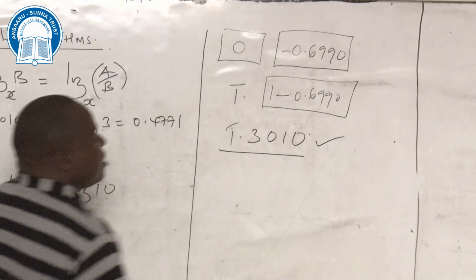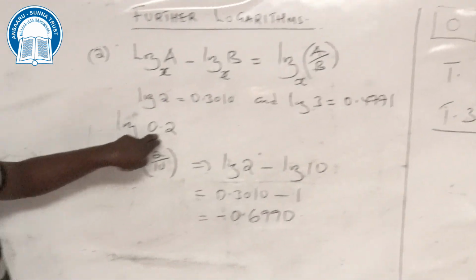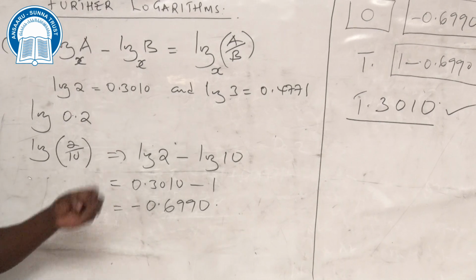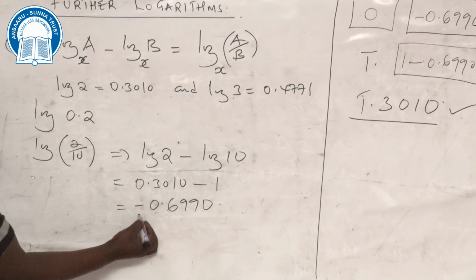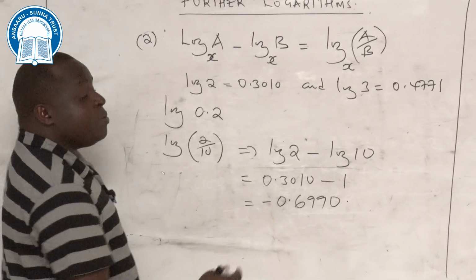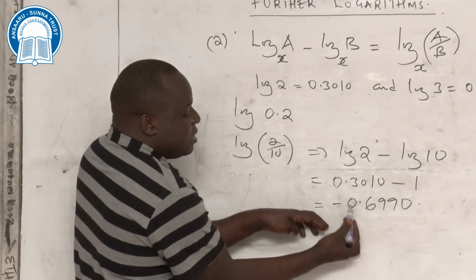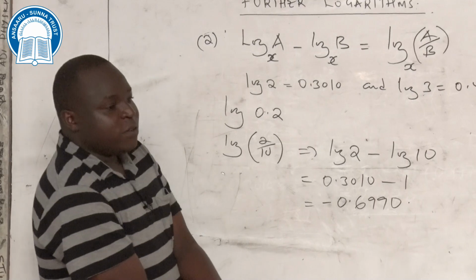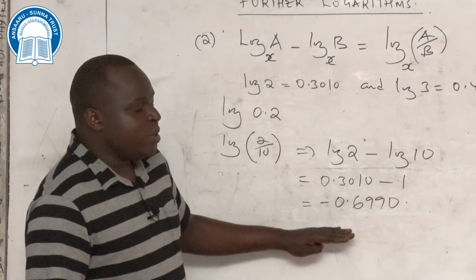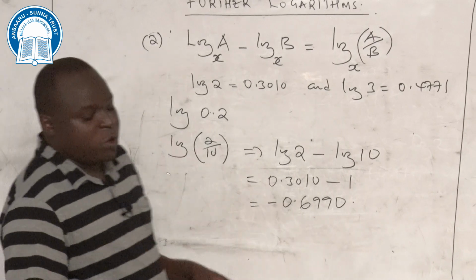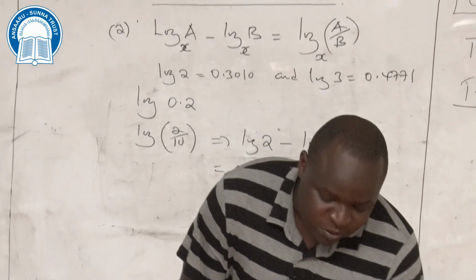This is the correct answer. So the correct value of this is actually given by that. I hope the explanation is clear. Once you leave your answer in the earlier form, it means you're wrong, because you're implying that the characteristic is negative and the mantissa is also negative. So that's not the correct way to give the answer. The final answer is this. So there is a trick in that. You should look at that and know how to deal with it.